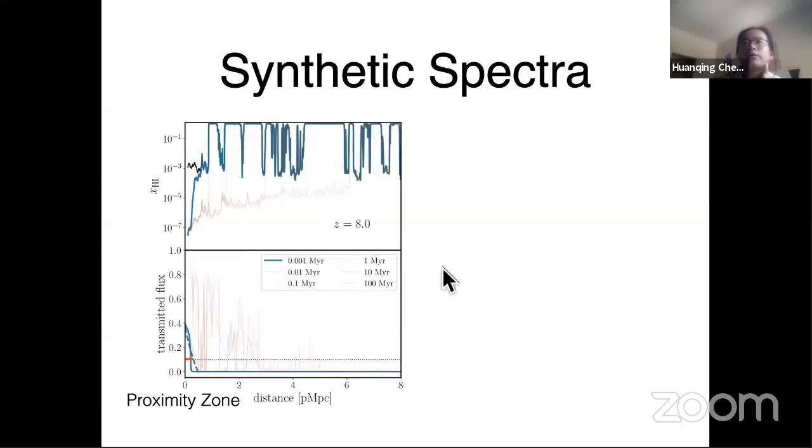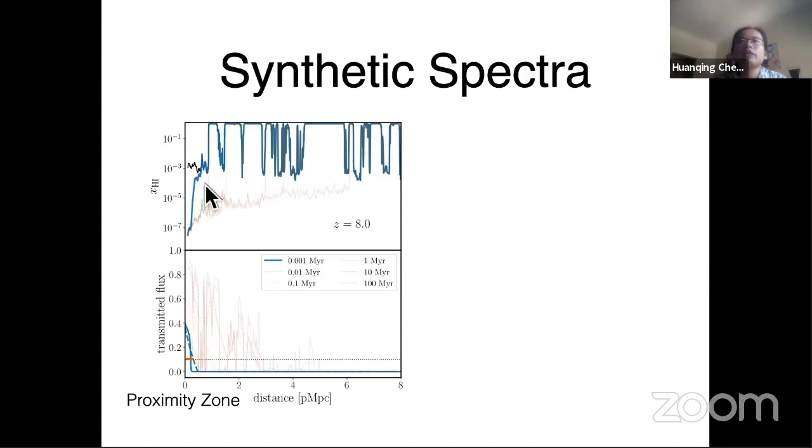Just to show you an example, this is a sightline drawn from redshift 8. The upper panel is the neutral fraction, the lower panel the transmitted flux, and the black line shows the value before we turn on the quasar. At redshift 8 in our simulation box, most of the IGM is still neutral, except for some bubbles surrounding big galaxies.